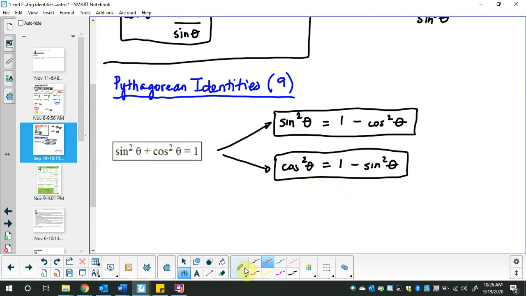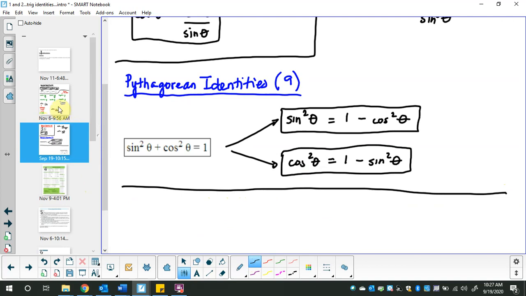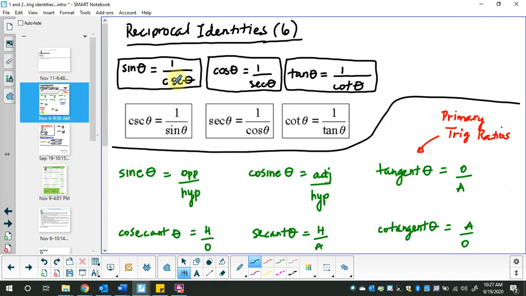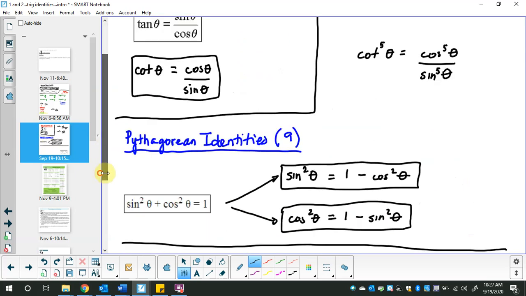Now I'm going to draw a line, even though I'm not done Pythagorean identities. But I want you to know that I actually only have this, my favorite, one memorized. So I have 1, 2, 3 of them memorized. These 3 I just flip. I have 2 more memorized, so that's 5. And I have this one, so 6.